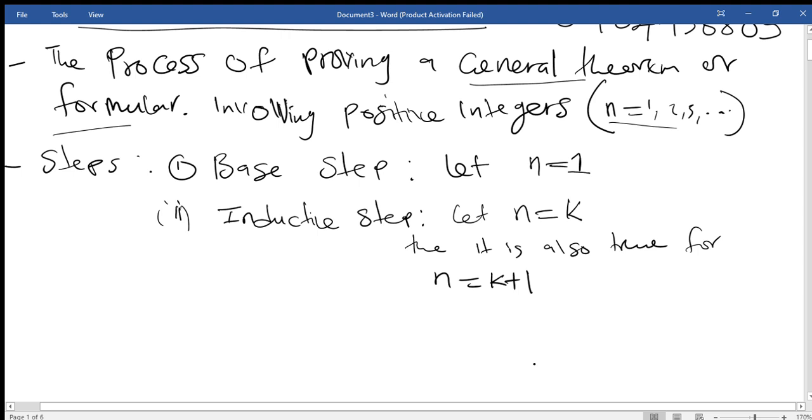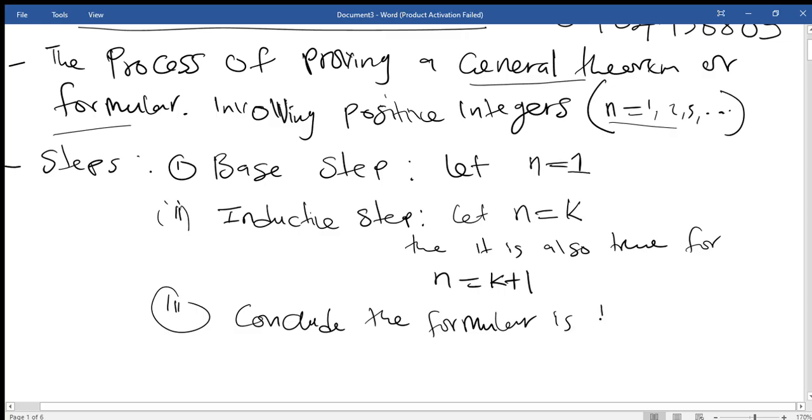And then lastly, once these steps are done, you can go ahead and conclude that the formula is true for values of n greater than or equal to 1, because we started from 1 and we assumed that for n equals k, it is also true for n equals k plus 1.